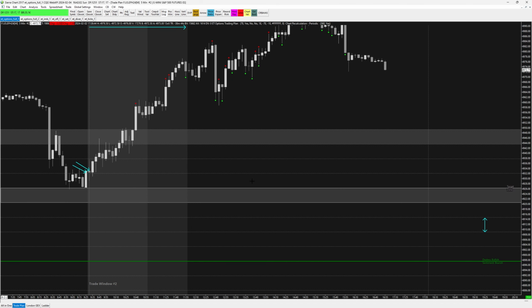Now, once you get in, you need to find the optimal stop loss, obviously.